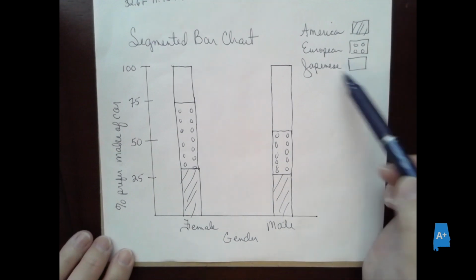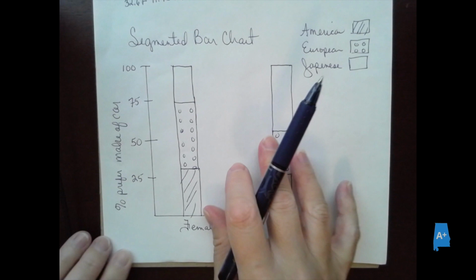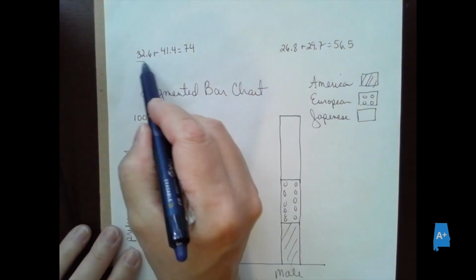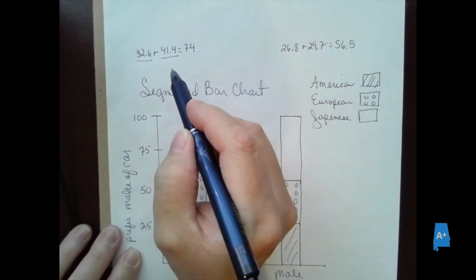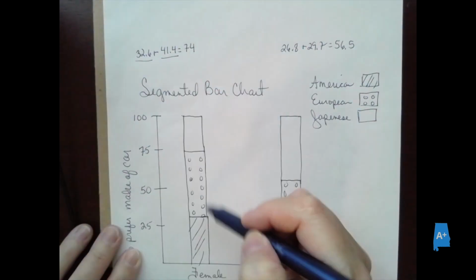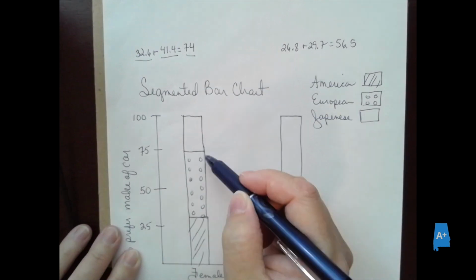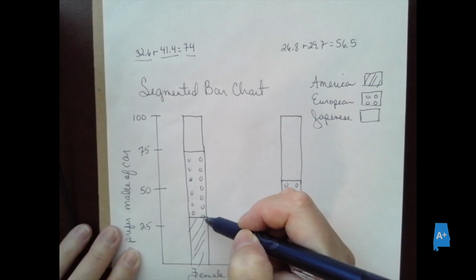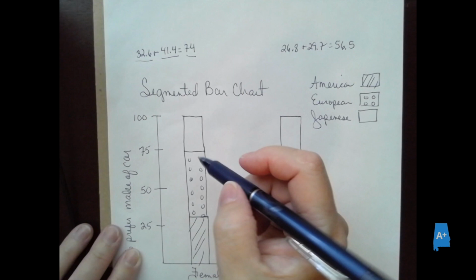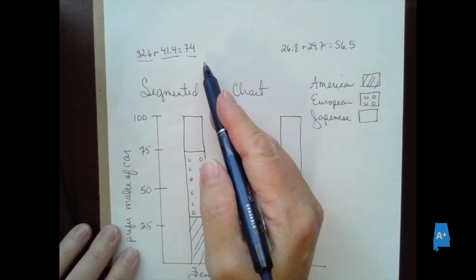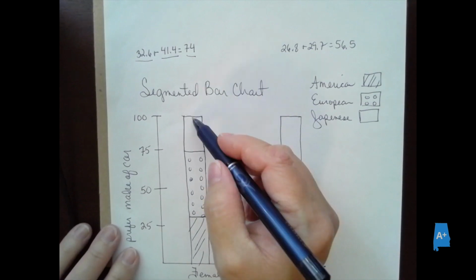So again, I made a key. And how did I find out where to put this? I added 32.6, which is my American, to my 41.4, which is my European, and I got 74. So I made this middle bar as close to 74 as I could because you're stacking the percentages on top of each other. And if I add 74 and the other percent, which was 25.9, I should be really close to 100.